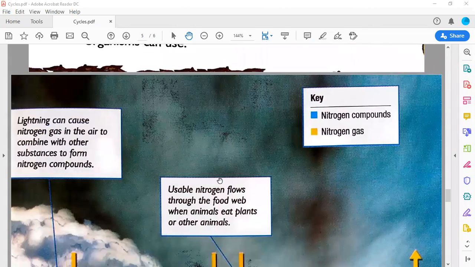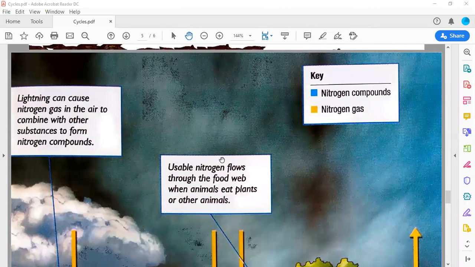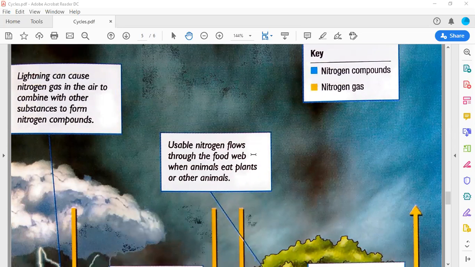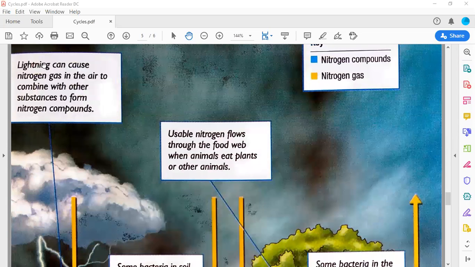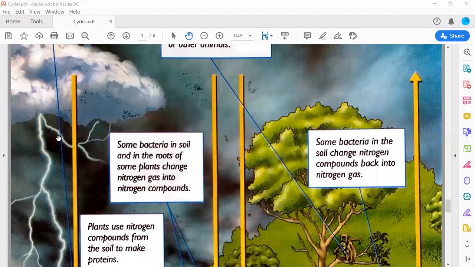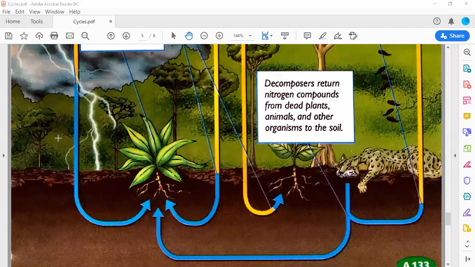All right. Here we have an example again, like the one that I showed before, but this is for the nitrogen. So we have nitrogen compounds and nitrogen gas. Lightning can cause nitrogen gas in the air to combine with other substances to form nitrogen compounds. And you can see the lightning over there.